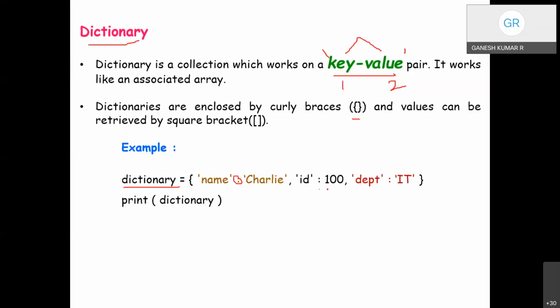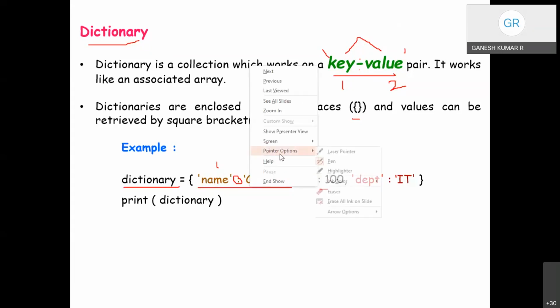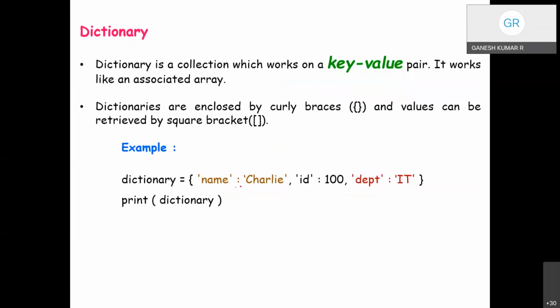As you see, it's the first item, having a key and value. The key of the first item is name and its corresponding value is Charlie. You got it? A key and its corresponding value. Both are concatenated with the help of the colon operator. Please note colon.